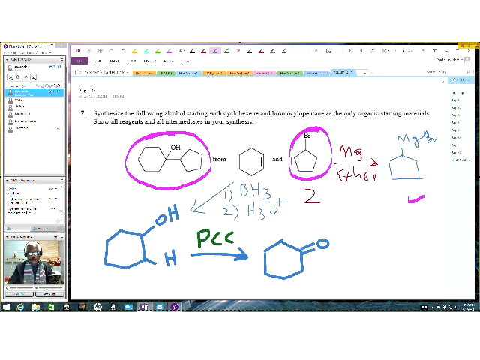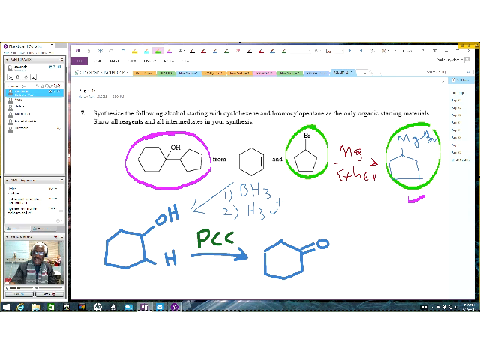Okay, and now once we do that, let me get all of this out of the way. Now keep in mind that we've already made our Grignard from this molecule here, so we're now going to use the Grignard. So what are we going to do?